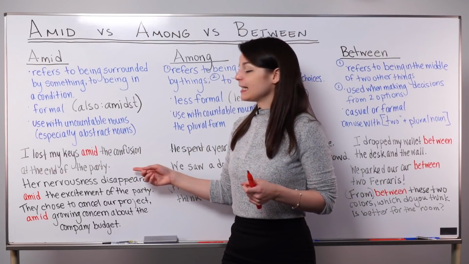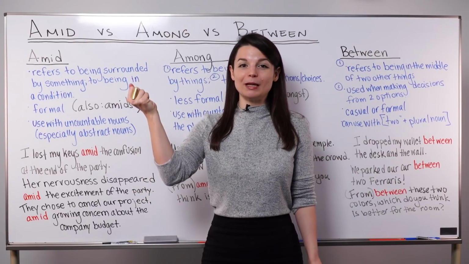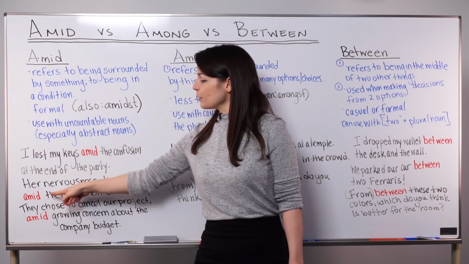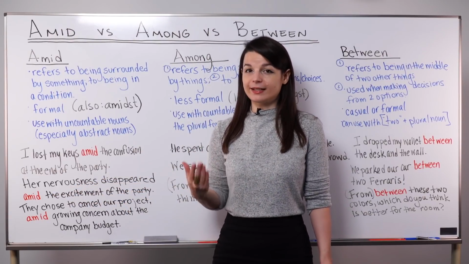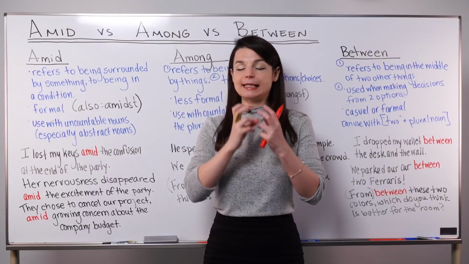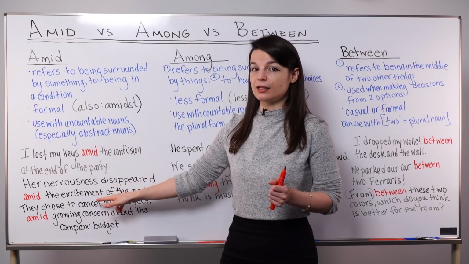Her nervousness disappeared. So that means she was nervous before the party, maybe, but because she was inside this condition of excitement, amid the excitement, her nervous feelings disappeared. Her nervousness disappeared because she was in this condition.